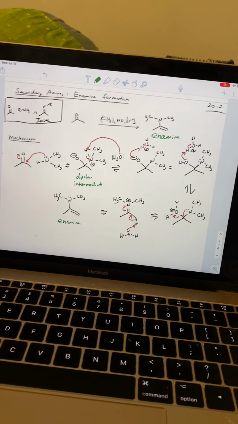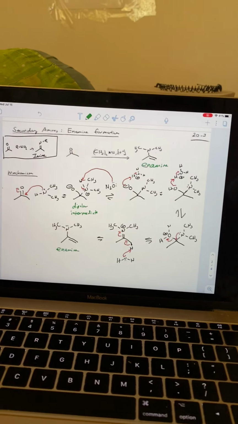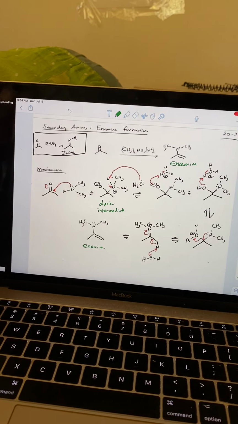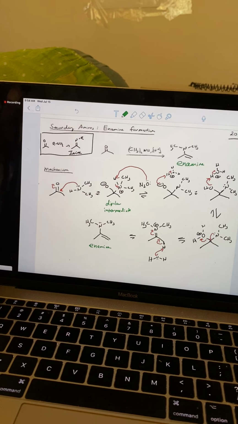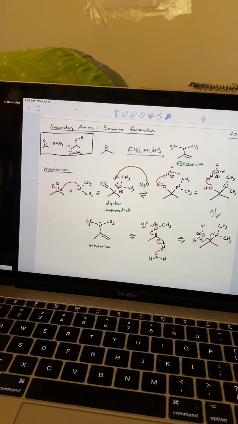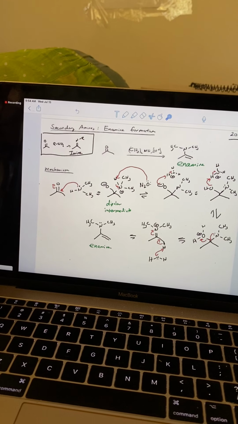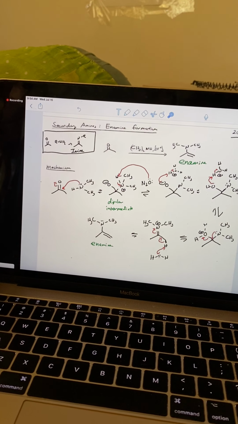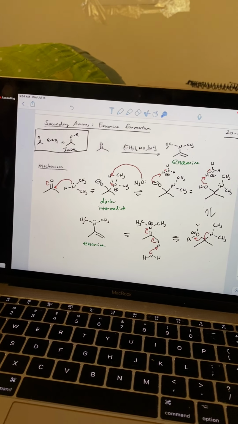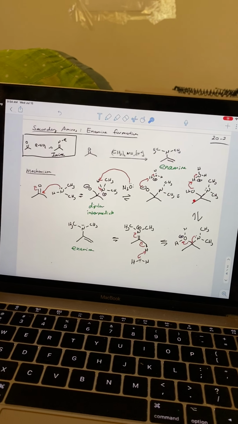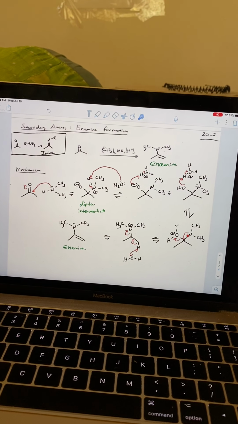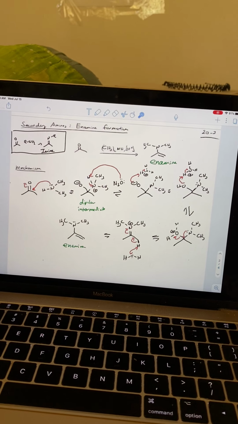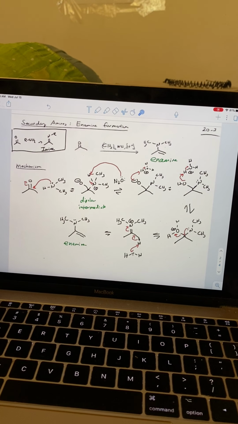And that gives us our enamine. So even though you get a different product, the nice thing in terms of the mechanism is if we look at the imine versus the enamine, this is the same, this is the same, this is the same, this is the same, this is the same, and it's only this step that's different.